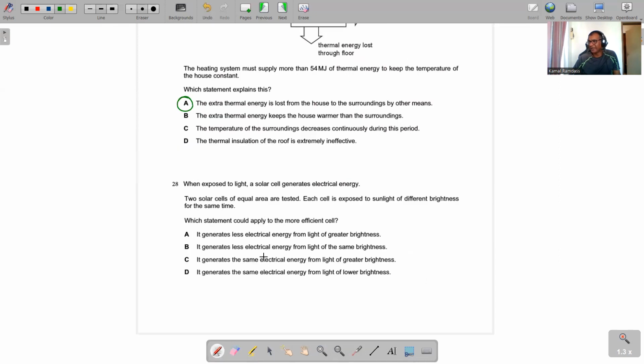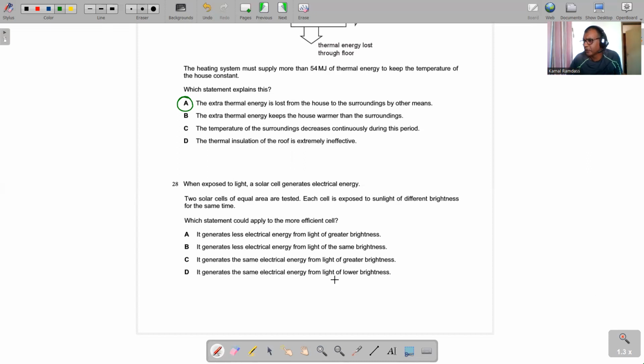When exposed to light, a solar cell generates electrical energy. Two solar cells of equal area are tested. Each cell is exposed to sunlight of different brightness, not at the same time.